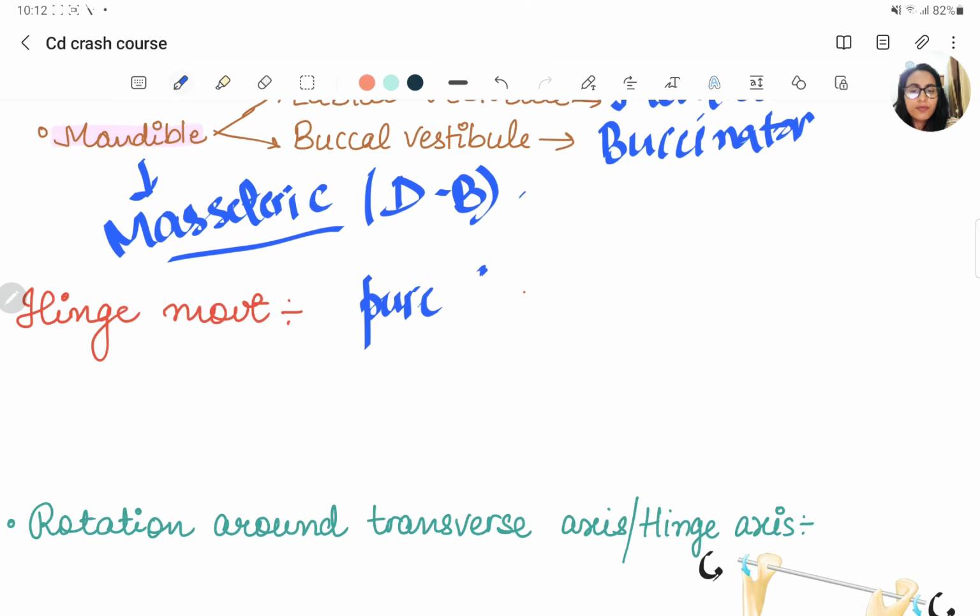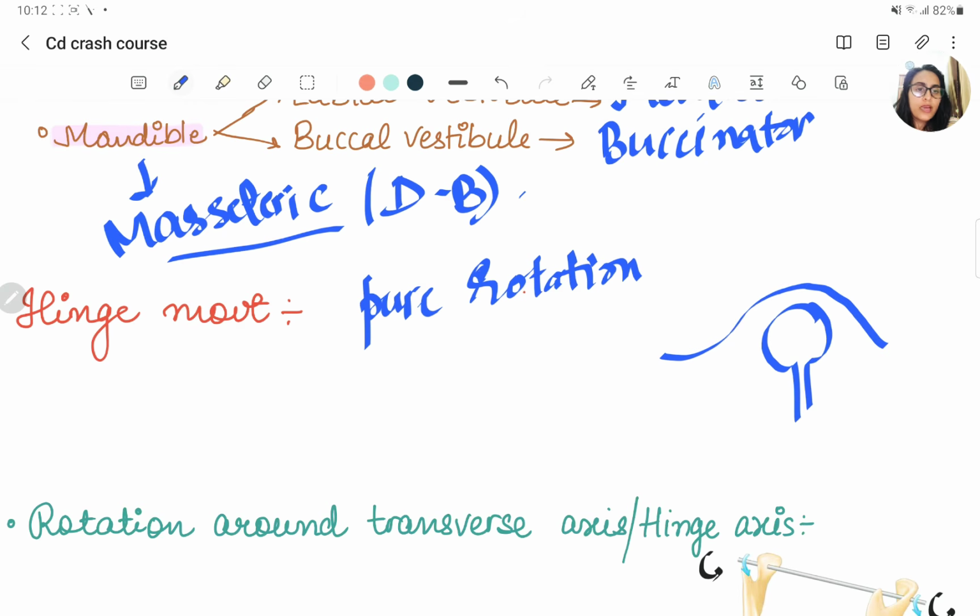Now the hinge movement is a pure rotation. Hinge is always a pure rotation movement, guys. This is the glenoid fossa, that is the condyle. So when the condyle just moves to and fro, rotating in the glenoid fossa, that is going to be a hinge movement. When you open the mouth up to 20 to 25 millimeter, that is 2 to 2.5 centimeter, there is rotation of the condyle, that is a hinge movement.